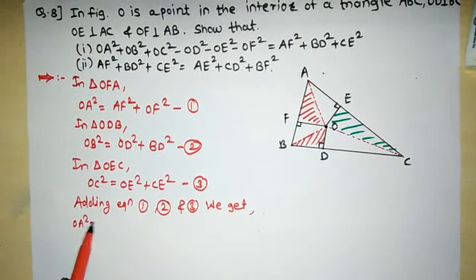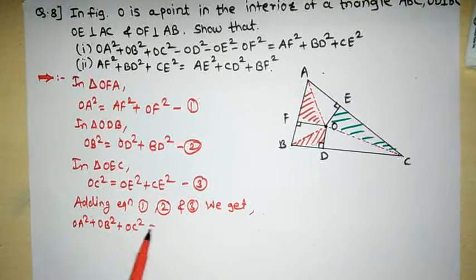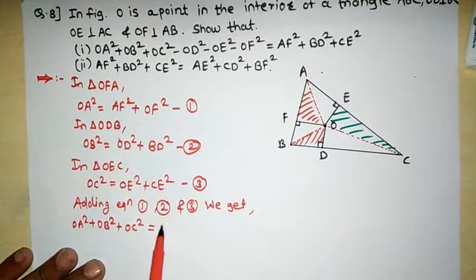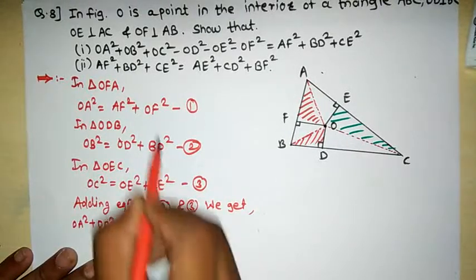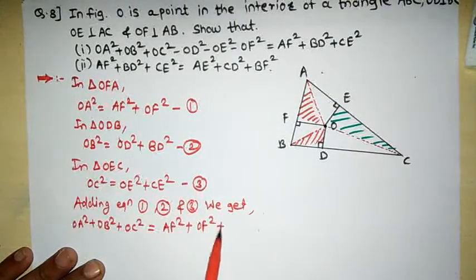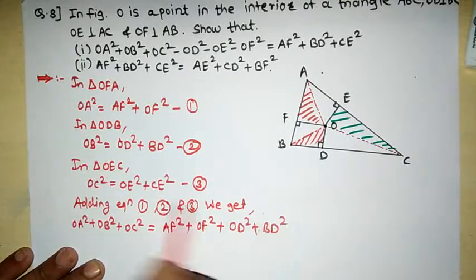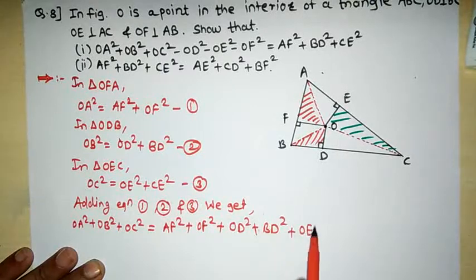OA square plus OB square plus OC square is equal to AF square plus OF square plus BD square plus OD square plus OE square plus CE square. This much we got after adding equations 1, 2 and 3.